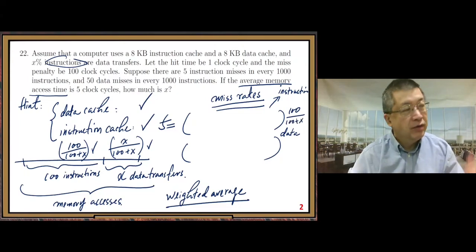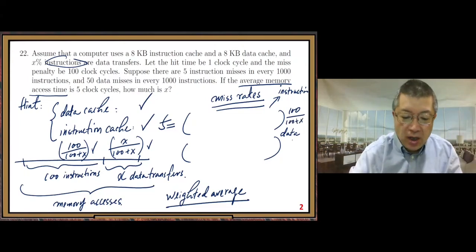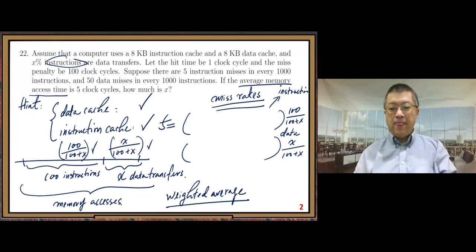The contribution from the instruction cache has this weight, 100 over 100 plus x, and the contribution from the data cache has x over 100 plus x.